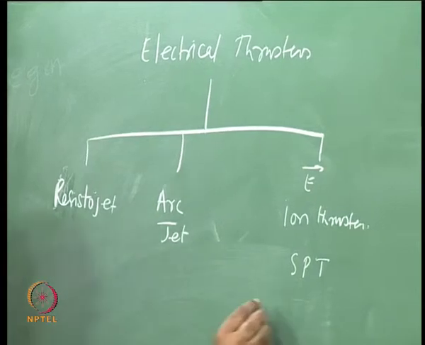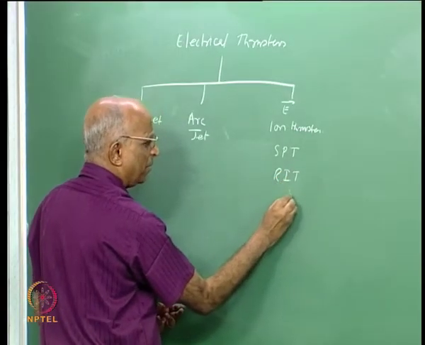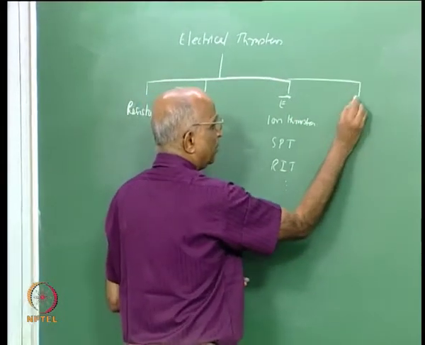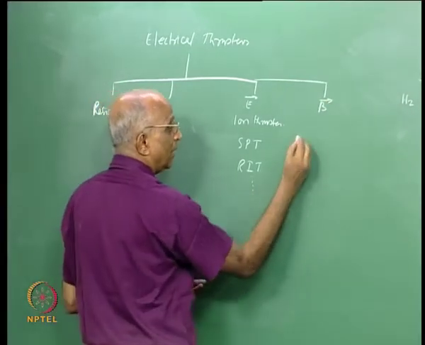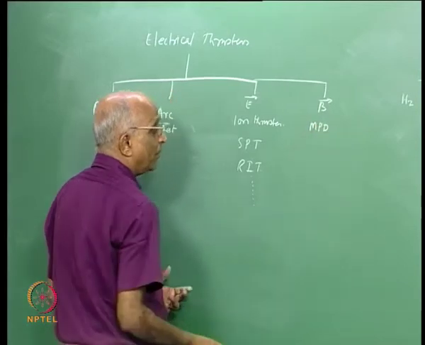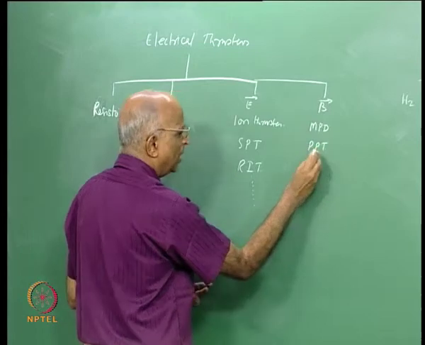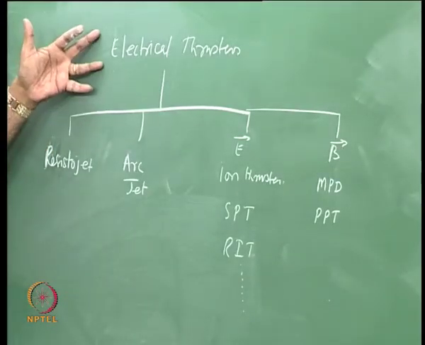I could have a radio frequency ion thruster and maybe colloidal thruster and so on. I could also use the magnetic principle, namely the Tesla, where I have a magnetic field, to create maybe the MPD, magnetoplasmadynamic thruster, or I could also have a pulsed plasma thruster, and you could keep on deriving in this.